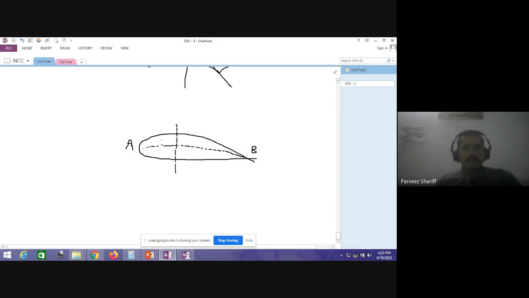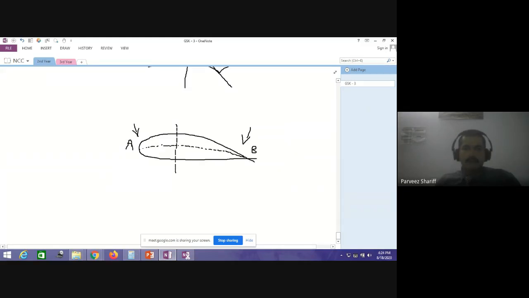This we call the leading edge, which I have marked as point A, and point B I call the trailing edge. Trailing edge is the back side of the wing. Leading edge is the front side of the wing. The front side of the wing is a little bulged, whereas the tail or the trailing edge is sharp.